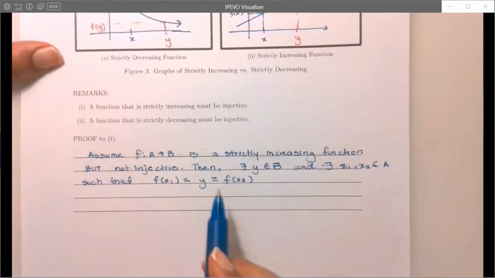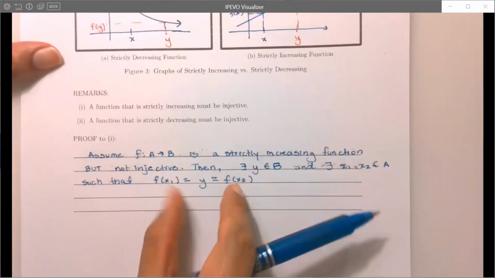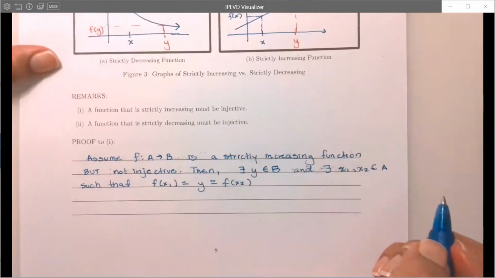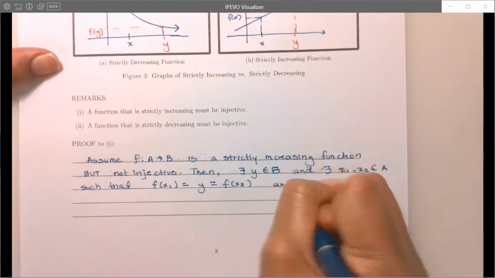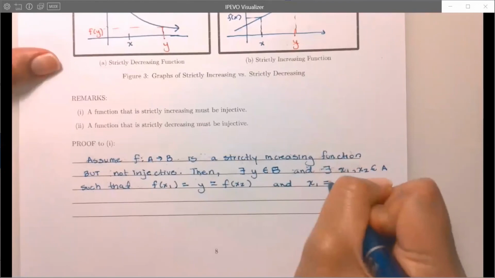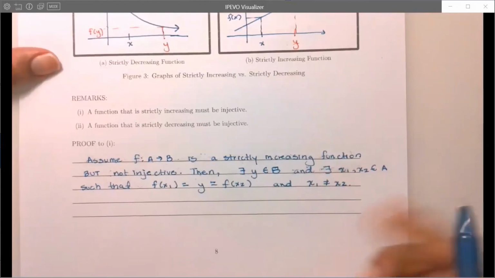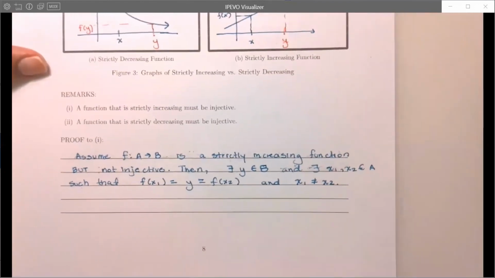So one output, two inputs that correspond to it, such that x1 does not equal x2. So two distinct inputs that correspond to the same output.